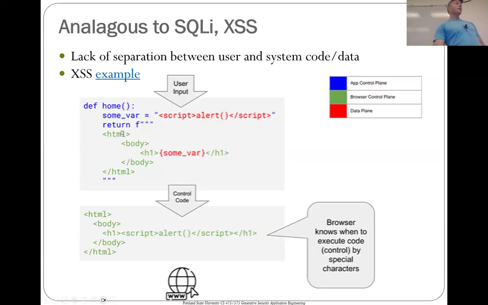You have some input that the user gives, and then it returns some browser code with that user input spliced in. And so what happens is when this page gets generated, the user data and the browser control plane data all gets compiled into the same context.